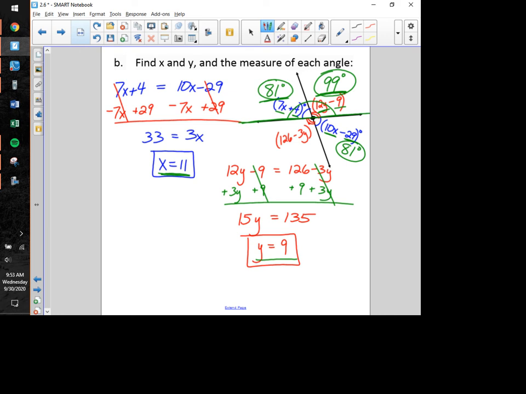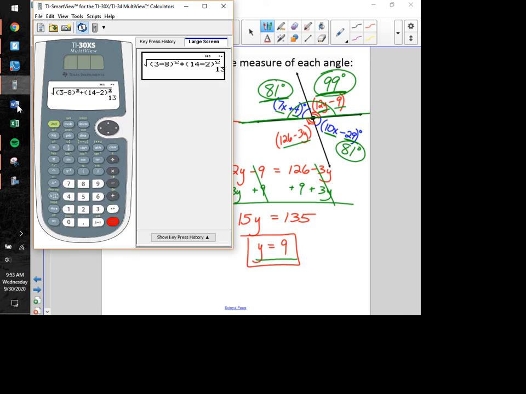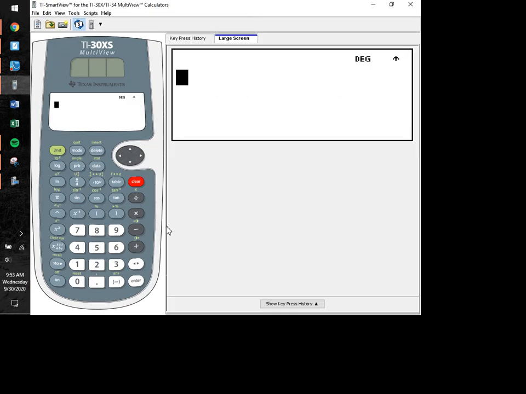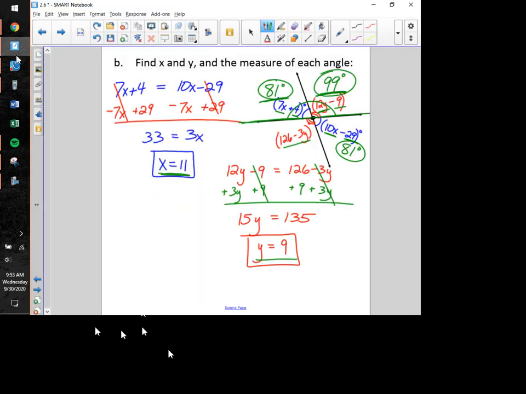So the only thing left to do is this piece right here, guys. So 126 minus 3 times 9, again, that's really a one-step operation right there in your calculator, everybody. 126 minus 3, and it's not a bad idea to use parentheses here, or you could just do times, but sure enough, that gets us 99 degrees as well. So the two things I would want to check are, number one, are your vertical angles congruent?